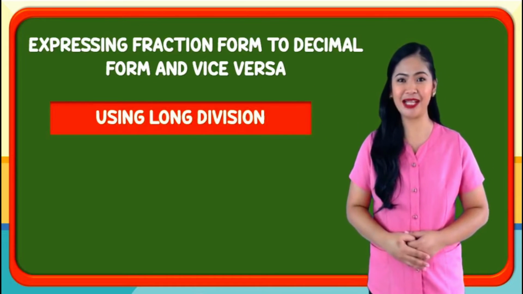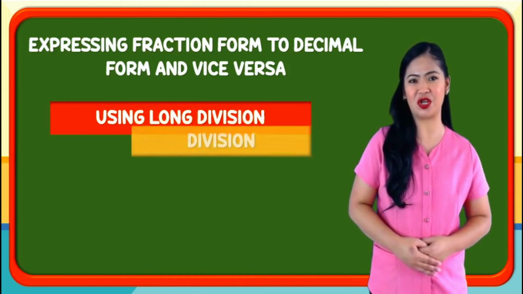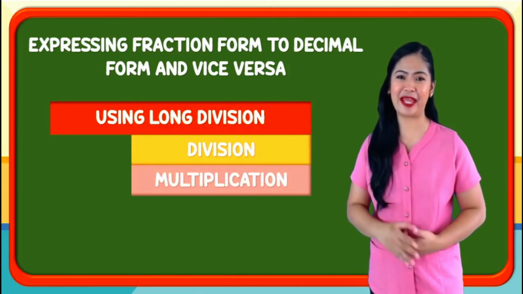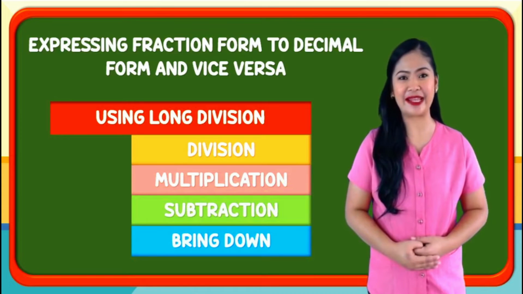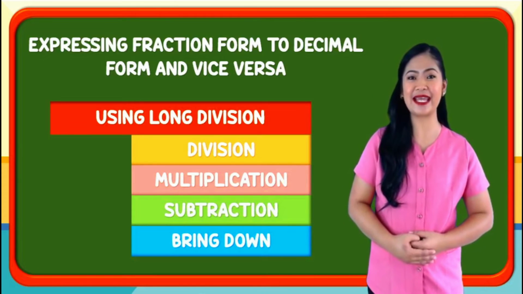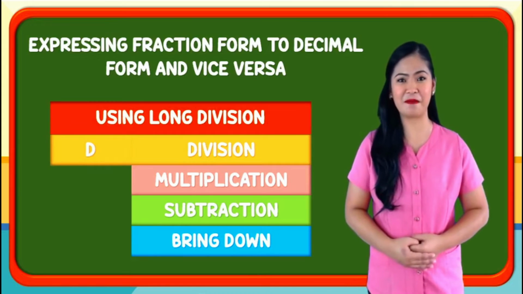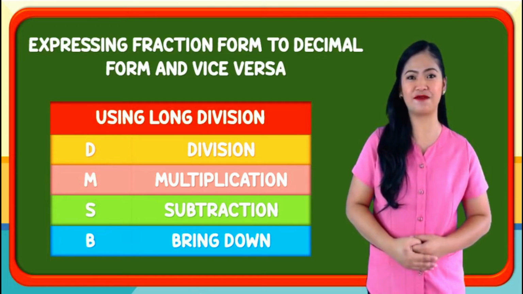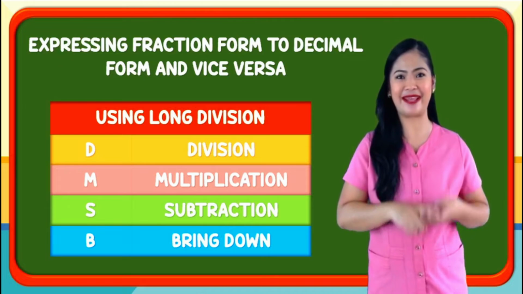As a short recall, here are the steps that you need to follow in doing long division. First is division, followed by multiplication, then subtraction, and then bring down. To remember it easily, try remembering the first letters of the steps, which will be D, M, S, B, which stands for divide, multiply, subtract, and bring down.